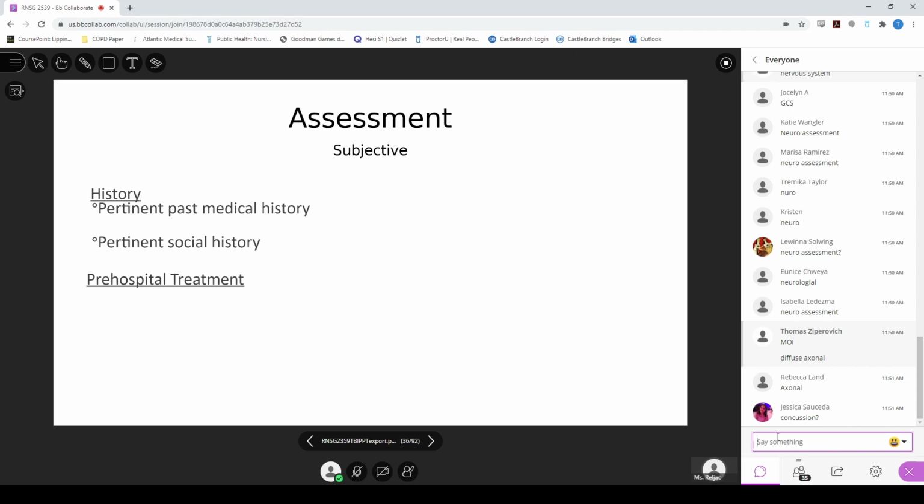What else is important to determine when you're doing this assessment? You want to know if this patient lost consciousness. If they did, what was the duration of the unconscious period? Was it minutes? Was it seconds? Are they still unconscious?